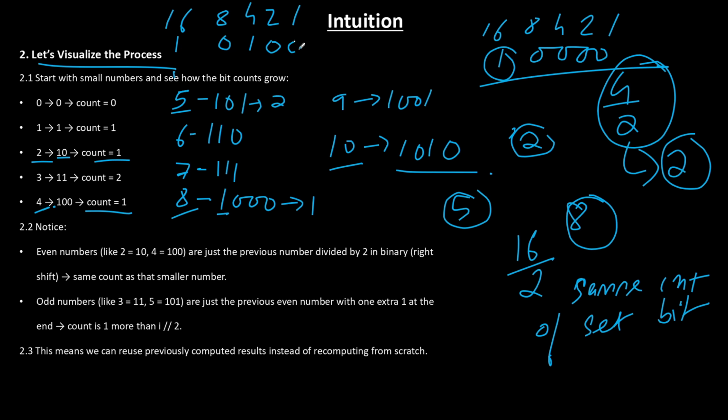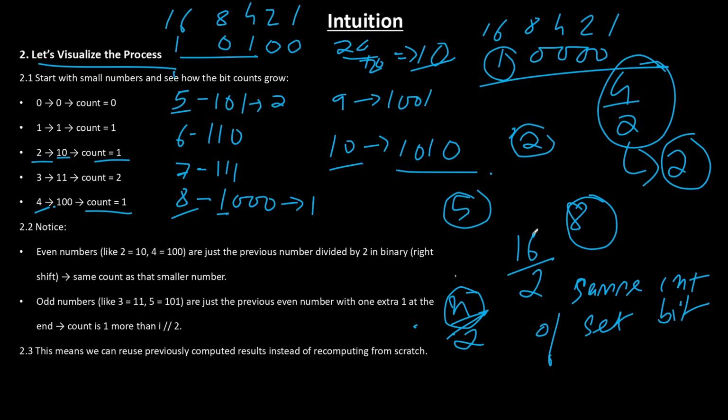How many ones are there? 2. And half of 20 is 10, and for 10 we also have two set bits. So from here we can conclude that if we have n, then when n is divided by 2, the set bits for n and n by 2 are the same. How this actually works I will explain later.